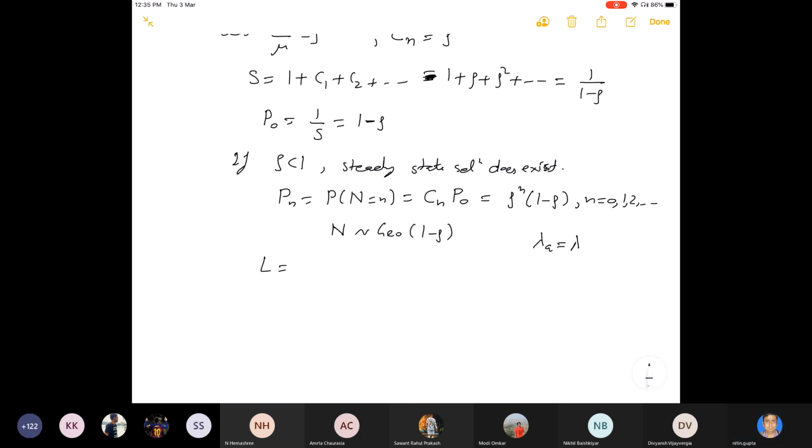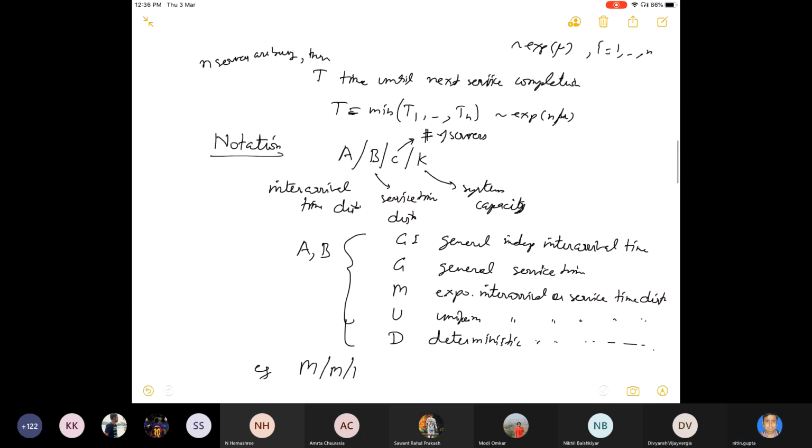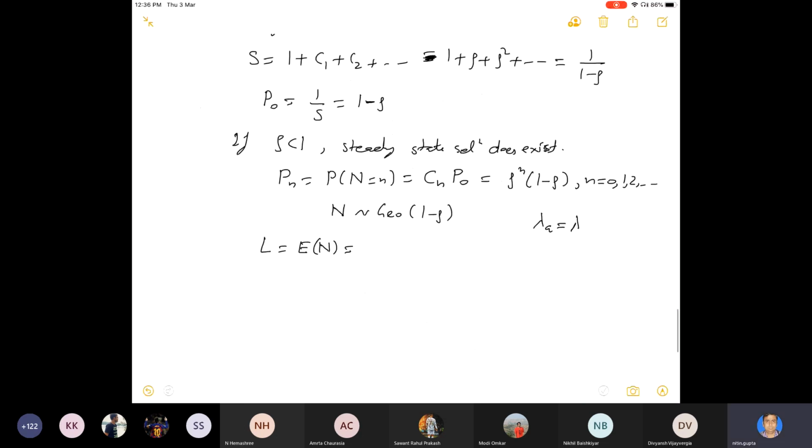So L is the expected value of n. By geometric distribution, we know that this is Q by P. So Q here is rho upon 1 minus rho. Also sigma n square, the variance, is Q by P square. Okay, so L is this.